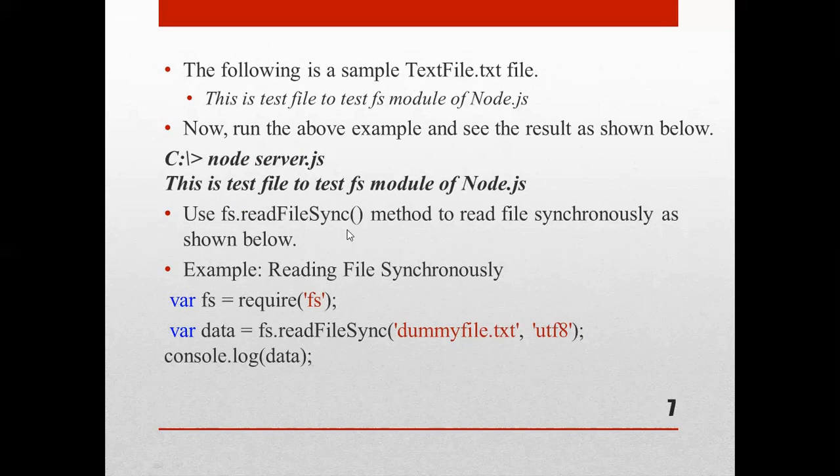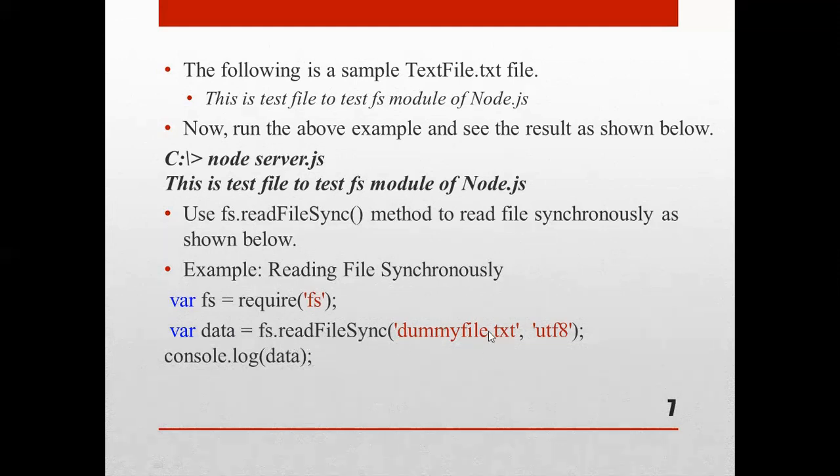So how to read that file synchronously? For that, use the fs.readFileSync method to read the file synchronously. Similarly, import the fs module using the require function and take another variable, data, equals fs.readFileSync.